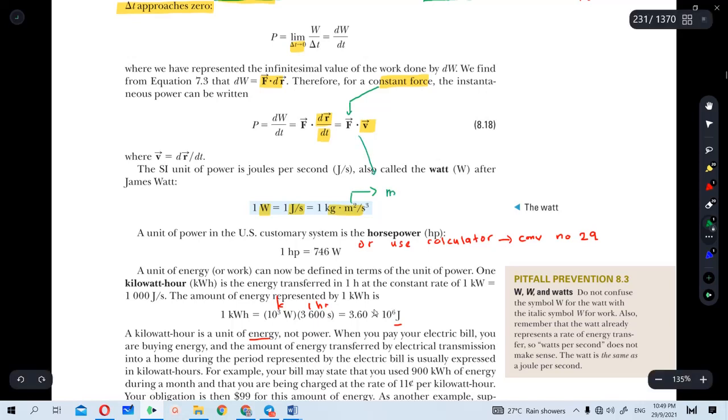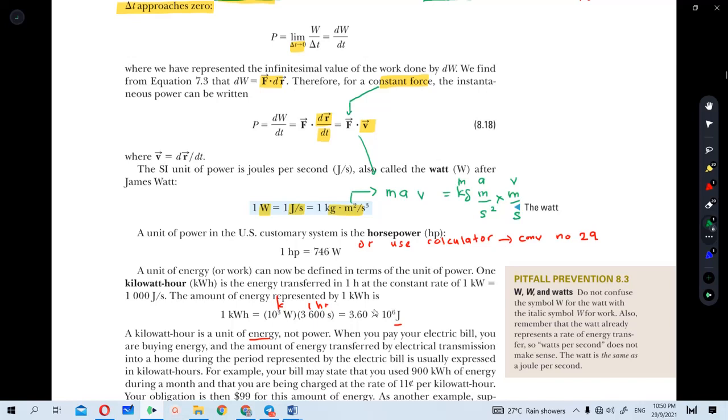Force is m times a, and then times v. So you have kilogram, a is meter per second squared, and then times v, meter per second. So this is v, this is a, and this is mass. Hope this helps you understand how you arrive at an alternative unit for watts.